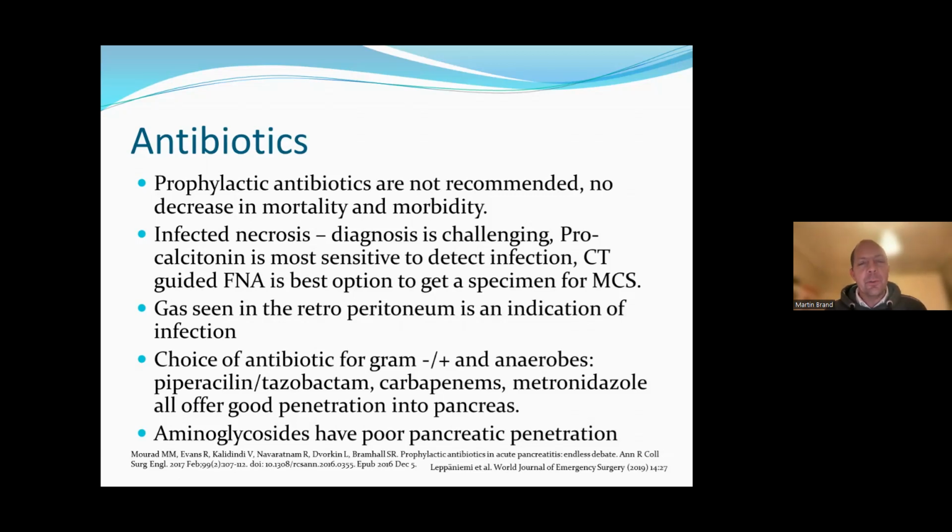And also, there was no real difference in patients who needed surgical interventions, whether or not they were actually treated with the infected necrosis. There was also no real change or difference in the rate or the duration of organ failure. But where they did show a really big difference, it was a significant shortening in their length of hospital stay.